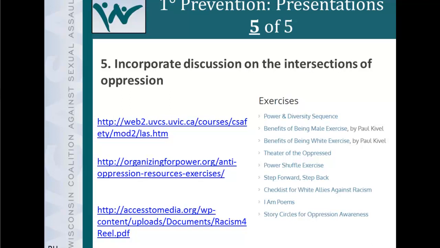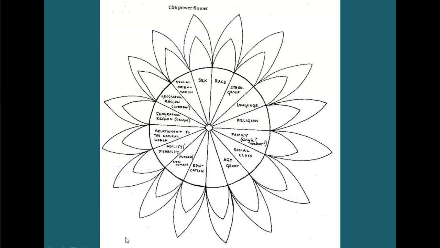And this is something that I really like, that I've used, because it's more of an individual activity, and we know that people are at different stages, so they might not be comfortable talking as openly about it. But having pencils or pens or something colored, and asking people to take this flower, if they think that they have privilege in whatever category this is, so one says sex, one says religion, one says social class, then they're going to cover the entire petal, the outside and the inside.